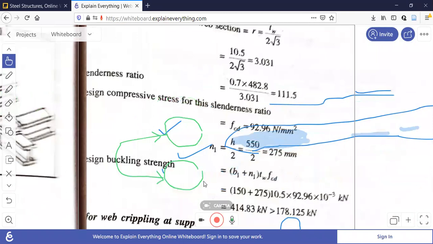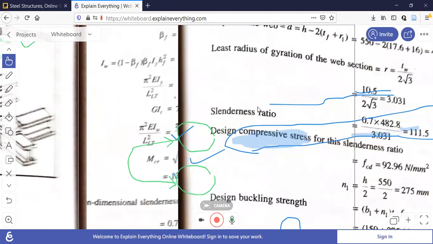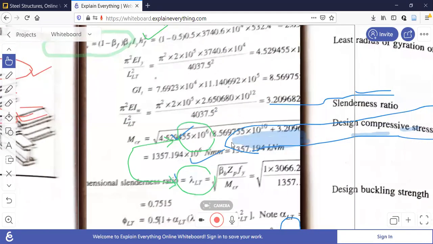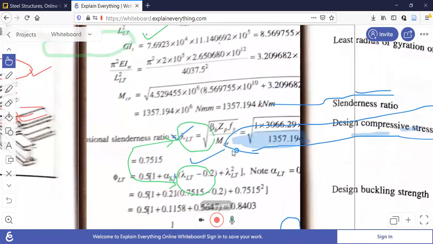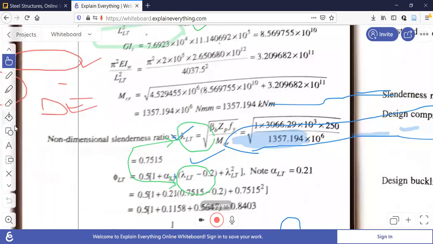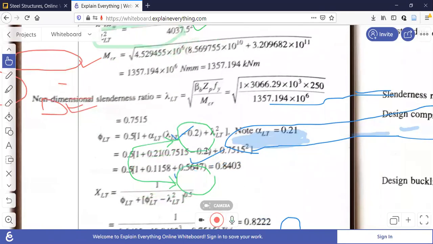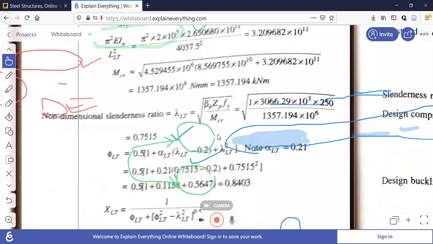I'll tell you what is done there. All calculations are the same for the remaining. Only this MCR is a problem for you people. So MCR is calculated here. Then you find out. So MCR is here now.